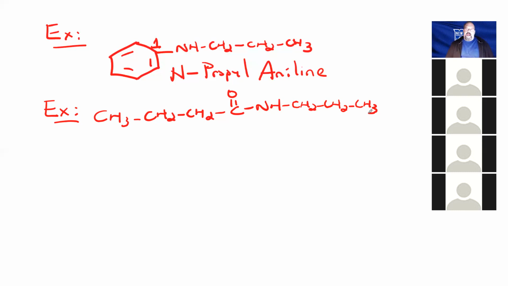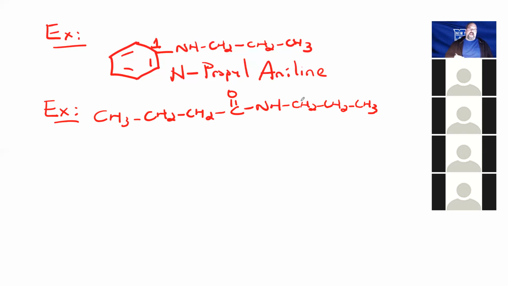We talked about secondary and tertiary amides, and of course, what type of amide is this? This is a secondary amide because, besides the bond to the C double bond O carbon, the nitrogen has a hydrogen and a carbon group attached to it. Primary amides, the nitrogen has two hydrogens attached to it. Secondary amides, the nitrogen has a hydrogen and a carbon group attached to it. Tertiary amides, the nitrogen has two carbon groups attached to it.